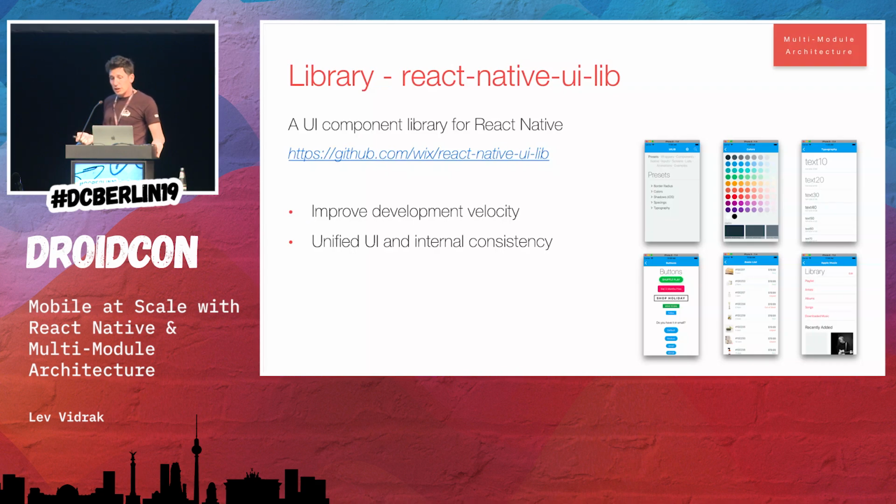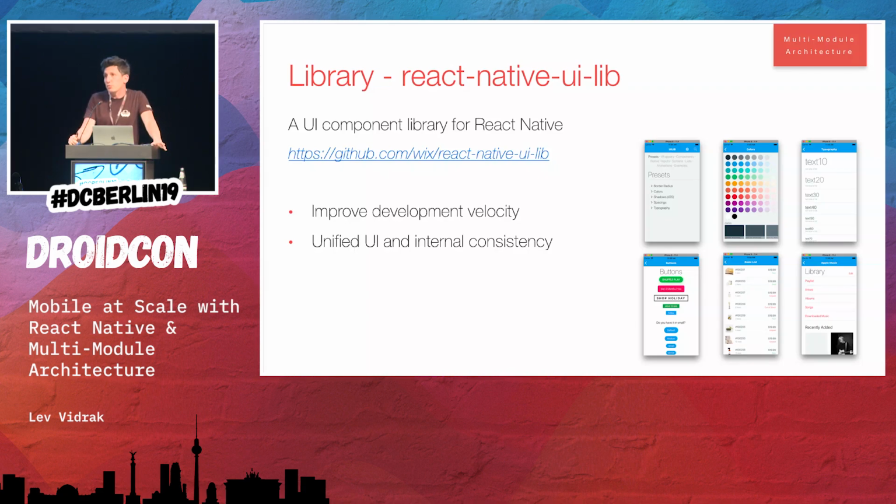An example of a library that we have is our components library, the React Native UI lib. And it's a library that all our developers must use the components from. And this library is developed by a team of experts in building UI components in a generic way that will suit everyone.